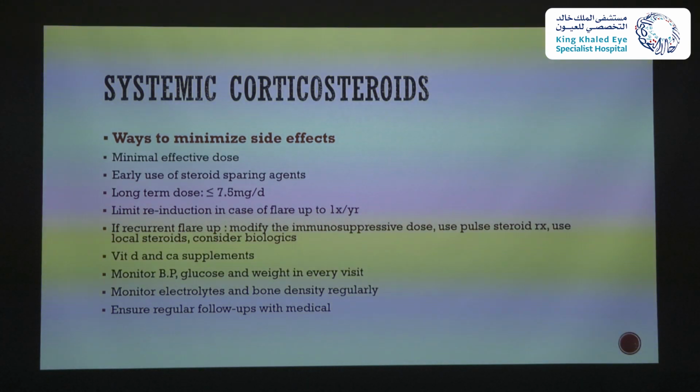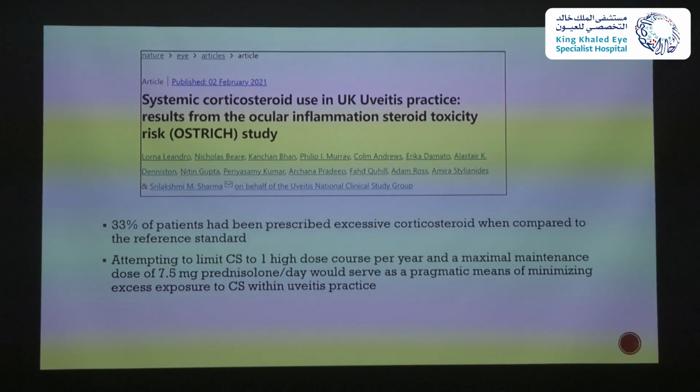If there are recurrent flare-ups, we can, as we said, modify the immunosuppressive dose, use pulse steroid, use local steroid, or consider a biologic. Also, vitamin D and calcium supplements can prevent many side effects, especially osteoporosis. We should monitor blood pressure, glucose, weight, electrolytes and bone density, and ensure regular medical follow-up.